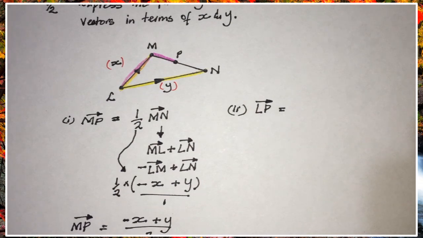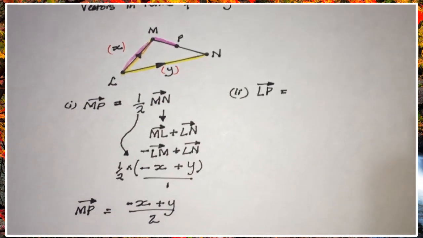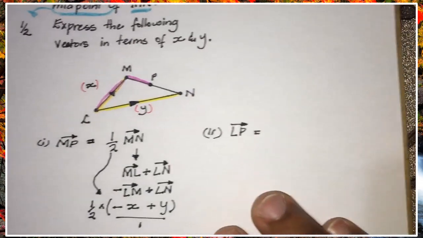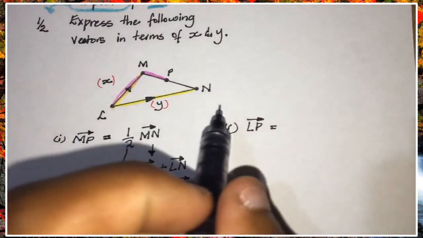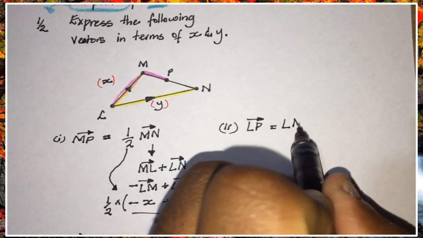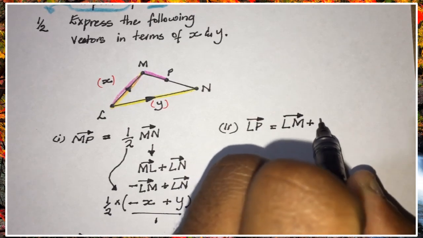So the trick with this one is, notice that we already worked out M to P in the previous question. So instead of working it all out again, we can simply take the answer here and work with it. So the vector map to find L to P would have been L to M first, and then we're going to add to that M to P.